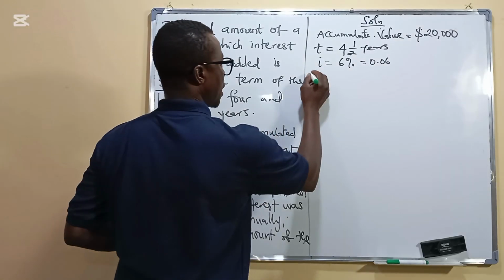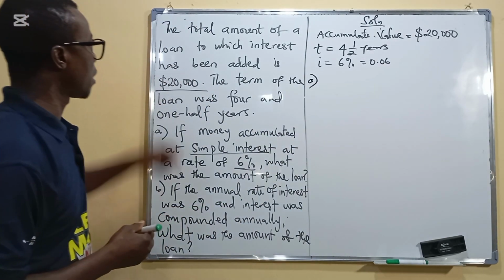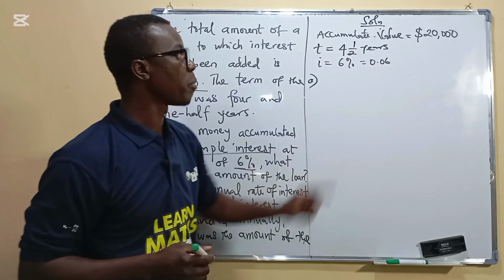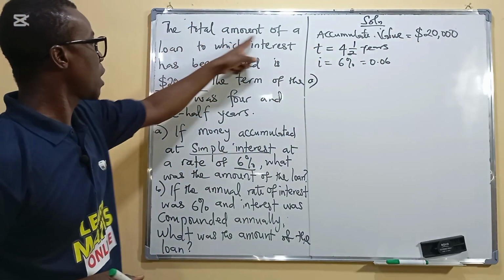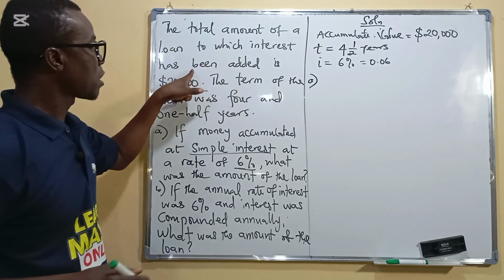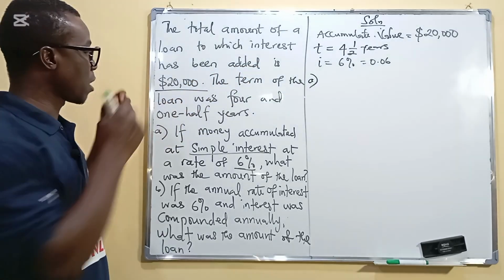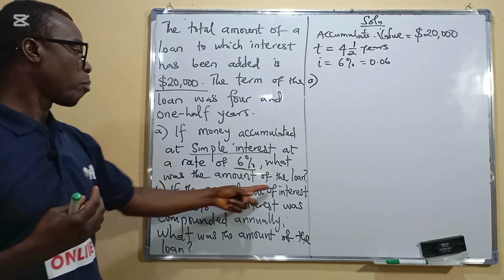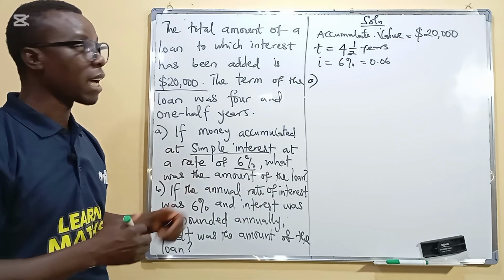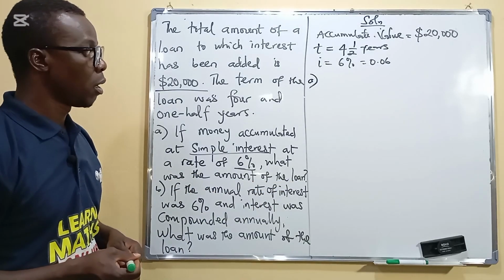So in the first case of the question, you can see I've been able to bring out all my parameters here. The accumulated value is this because it says that the total amount of a loan to which interest has been added is this. Interest has already been added here. So what is the amount of the loan, which is exactly what we are looking for.